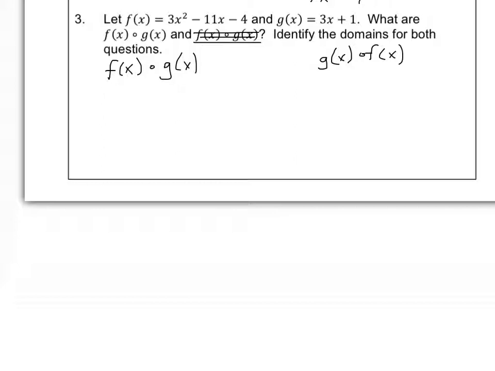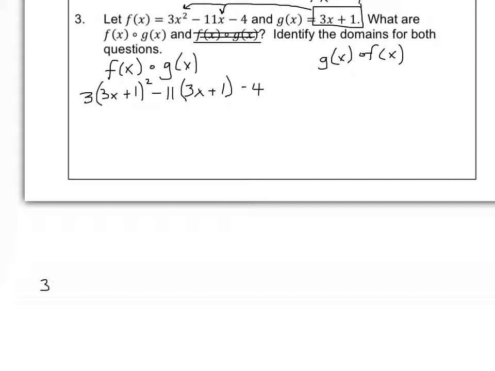Okay, so in the first one, I'm going to take g and I'm going to put it in for every x here. So I've got 3 times the quantity 3x plus 1 squared, minus 11 times, instead of an x, I've got a 3x plus 1, and then minus 4.